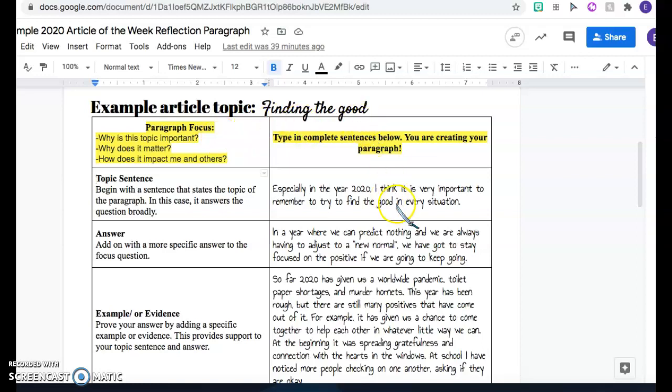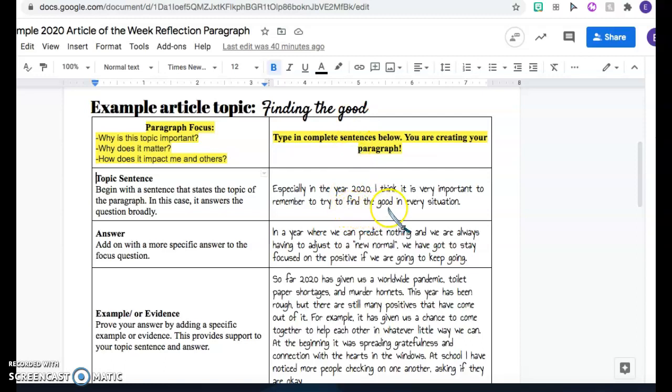Reminder that our topic is finding the good. If you can recall RACER responses, the first R is to restate the question in the answer. So look for that focus word within this first sentence. Especially in the year 2020, I think it is very important to remember to try to find the good in every situation. Anytime you are writing a response, you want to continuously connect back to your purpose.